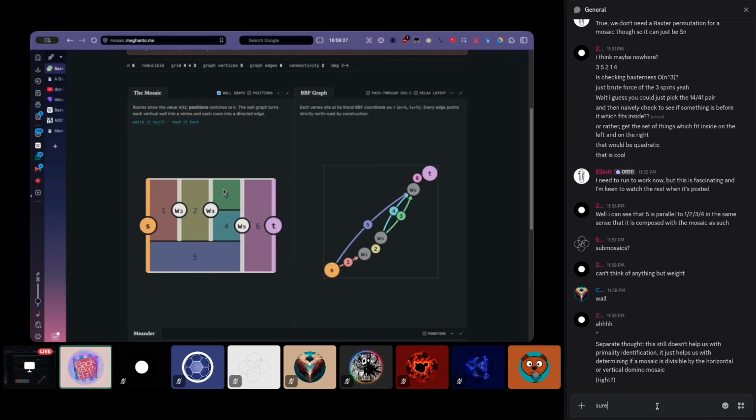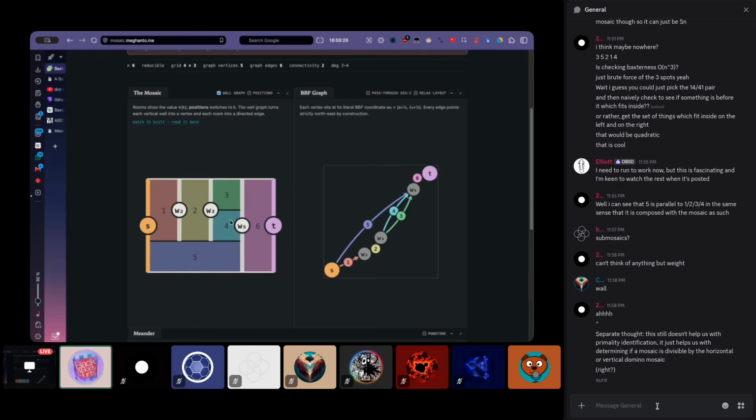Any case where two blocks are vertically next to each other, they will always manifest as parallel edges. So if there's parallel edges, we are not going to be prime.